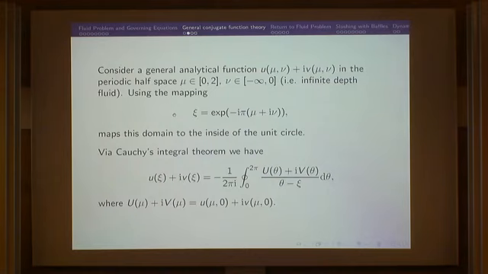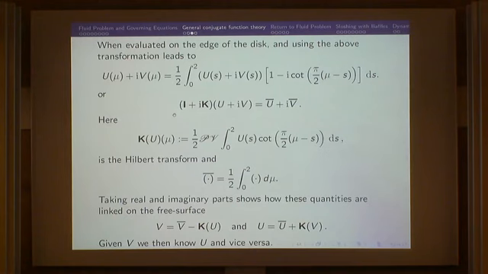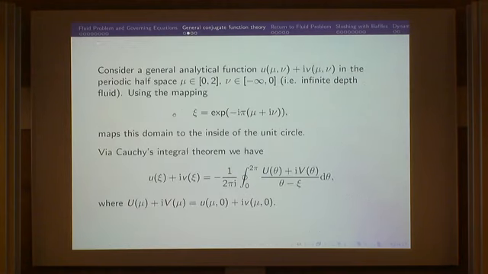So why is this useful for what we want to do? Well, because this holds everywhere, it also holds on the edge of the unit disk. So using the Sokhotski-Plemelj formula, basically remove that 2, we can evaluate this on the edge of the unit disk.